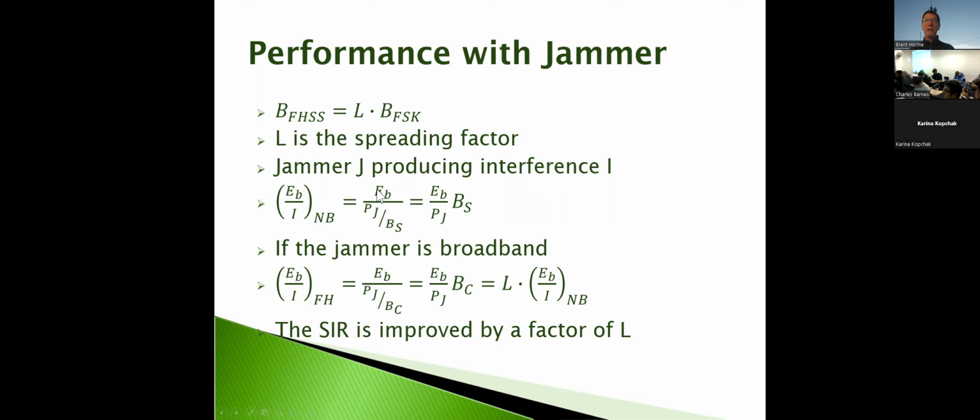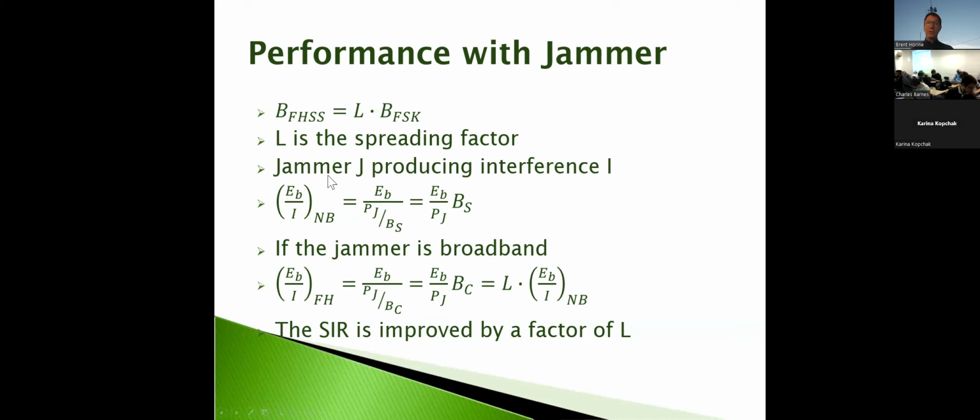But let's look at the power spectral density over a certain bandwidth. We're substituting in the power of the jamming signal divided by the bandwidth of the symbol.